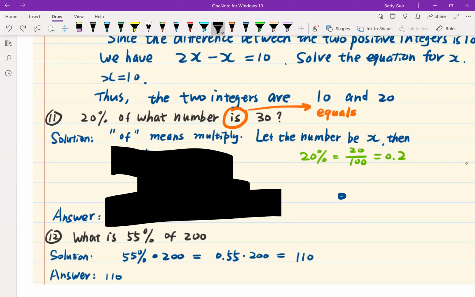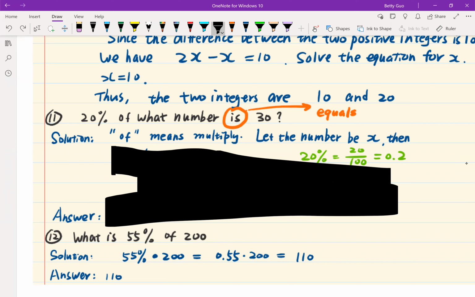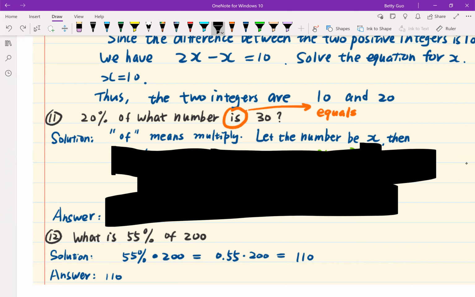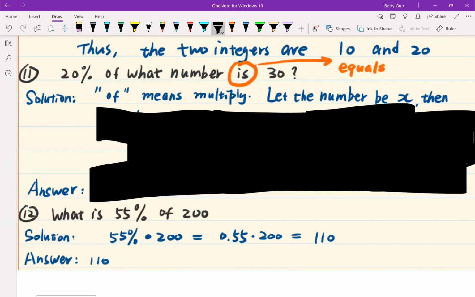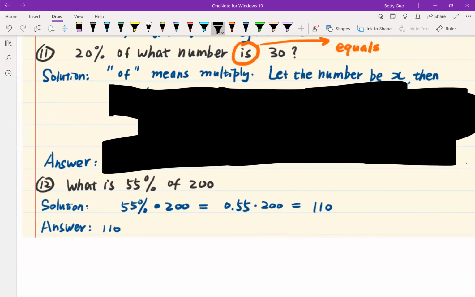Let's look at it here. Number 11: 20% off what number is 30? OF here means multiply, okay? We can let x be the number.